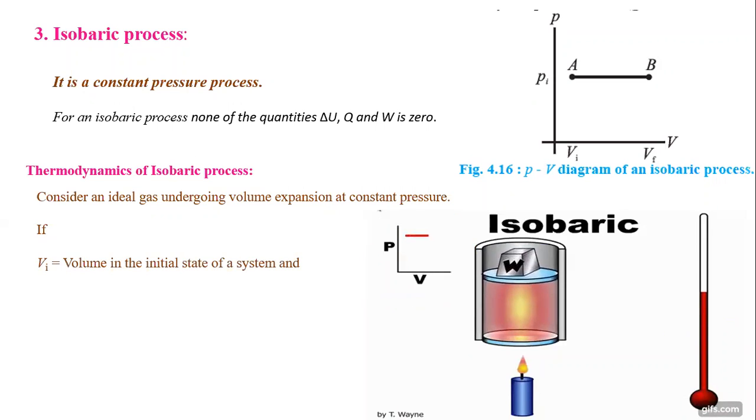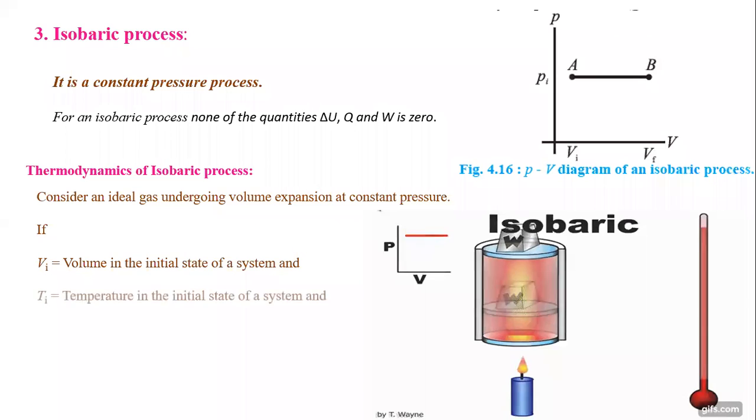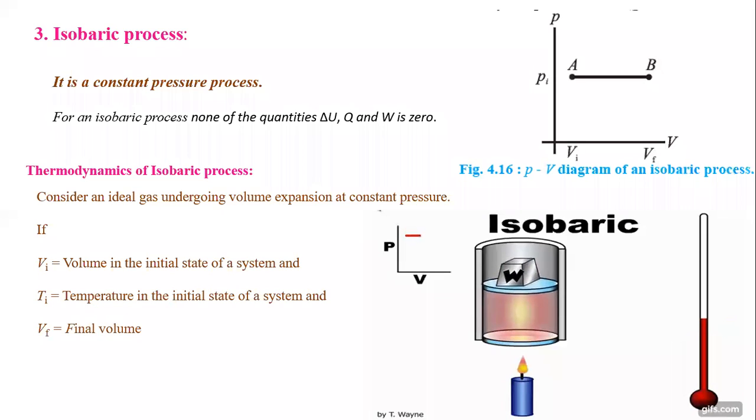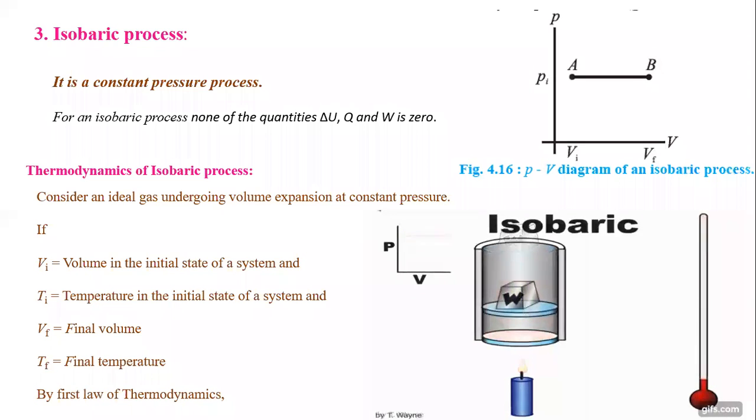So if we consider that Vi is the volume in the initial state of the system, Ti the temperature in the initial state of the system, Vf is the final volume, Tf is the final temperature, then we can apply here the thermodynamic first law.